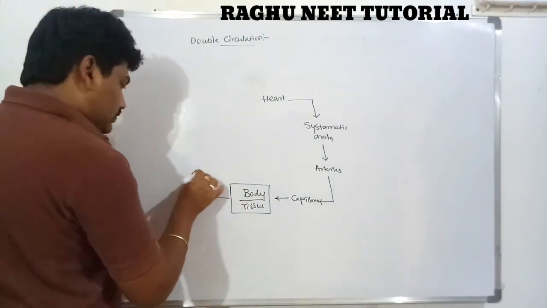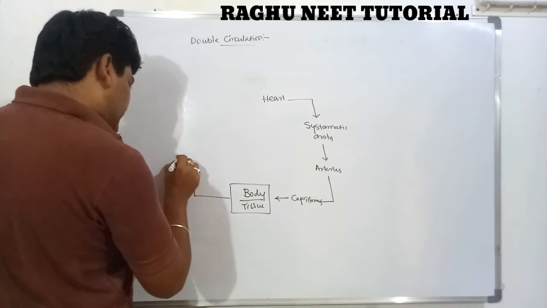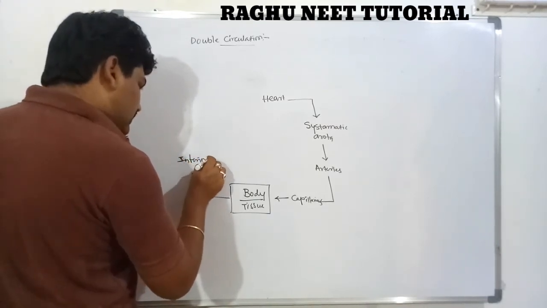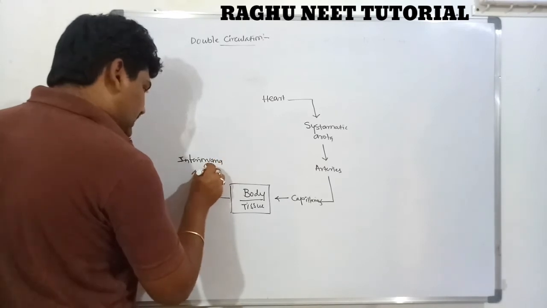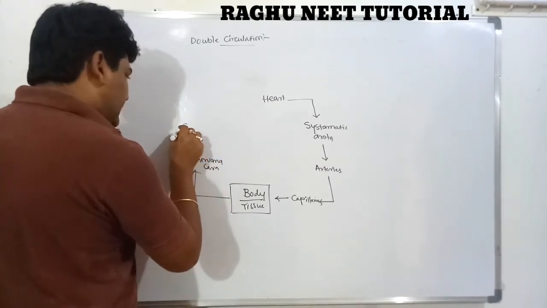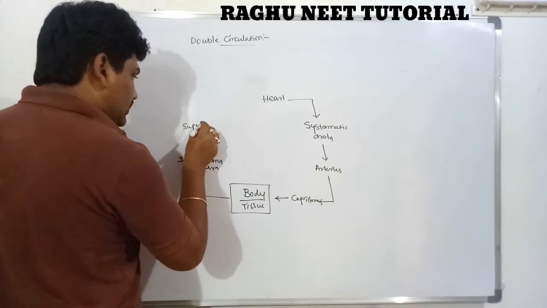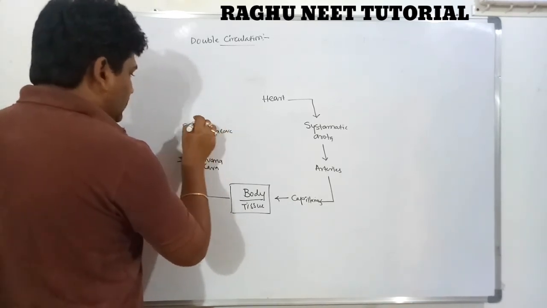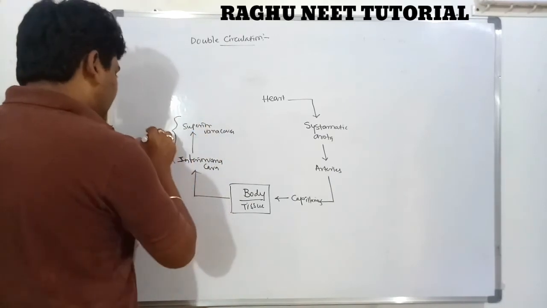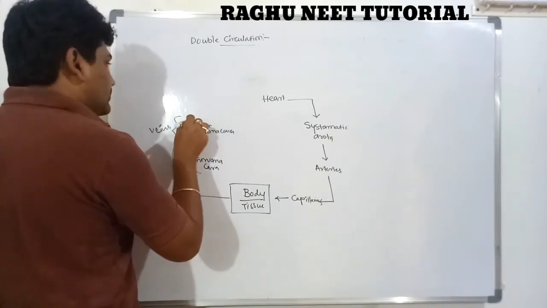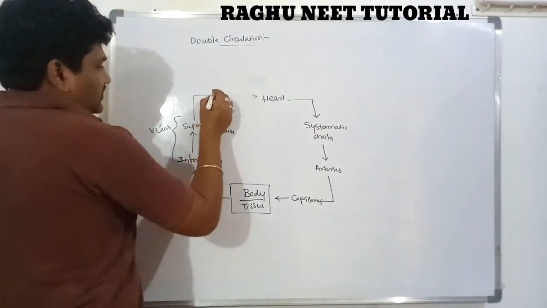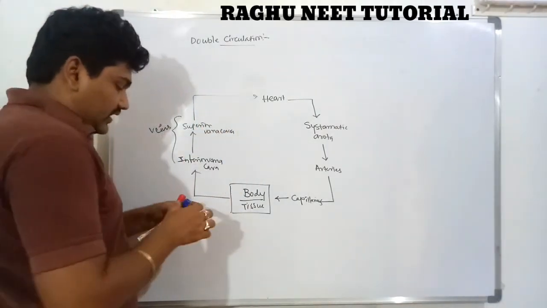Tissue to what is that? Superior vena cava or inferior vena cava, these two are called veins. Veins carry deoxygenated blood and finally reach the heart region. So the deoxygenated blood enters into the heart region.